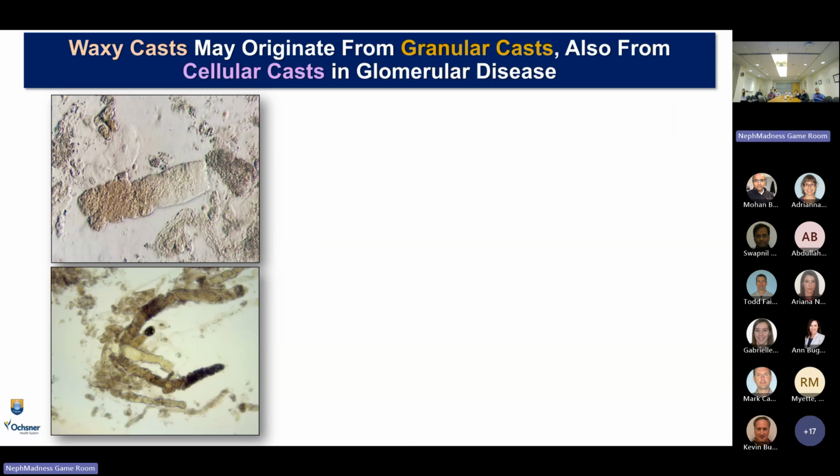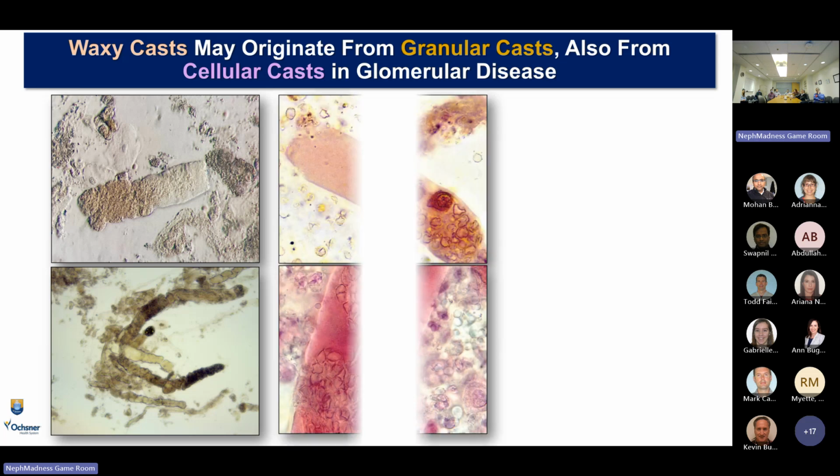Now, another interesting aspect of waxy cast is that when we see casts in the urine, like the one on the top left image, where half of the cast is granular and the other half is waxy, and here the bottom image, we immediately conclude that this is probably a transition stage where some casts were granular early on and became waxy, or vice versa, some sort of conversion in that realm.